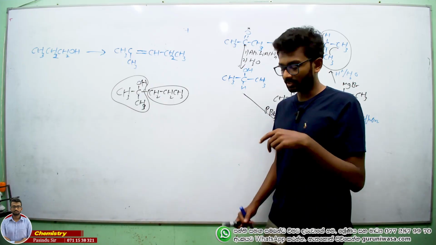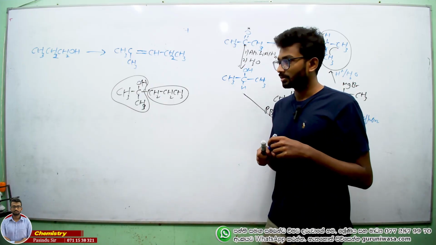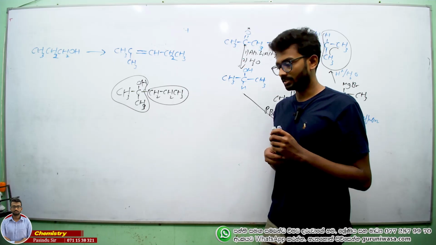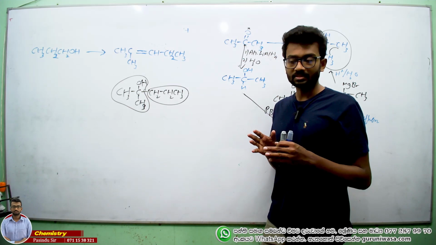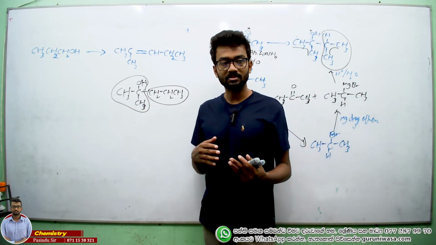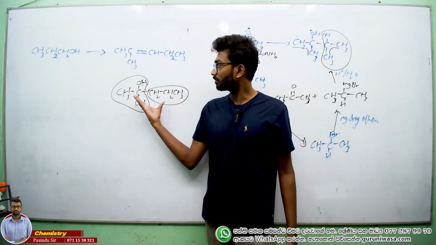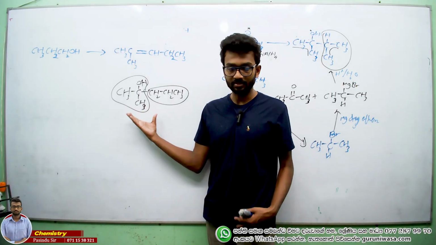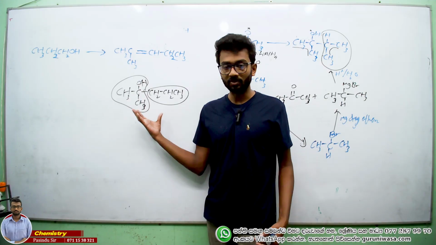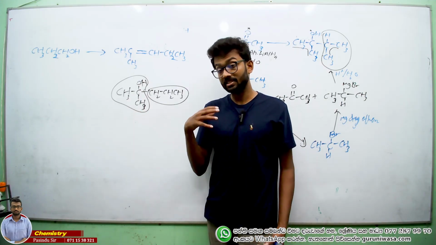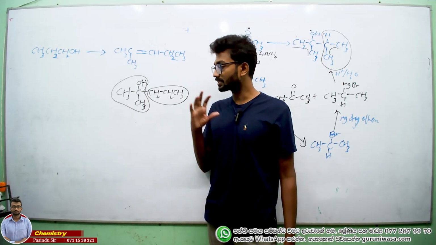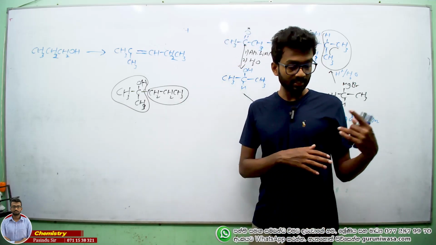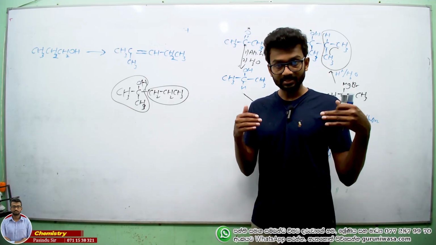I'll explain that also. The only good thing here is we don't have limited reagents. In the exam they will give limited reagents, right? But here there is no limitation for reagents, whereas in the exam there is a limitation according to the reagents they supplied.